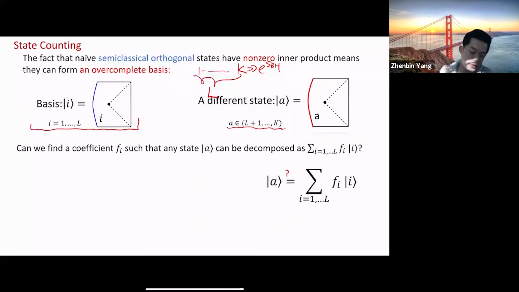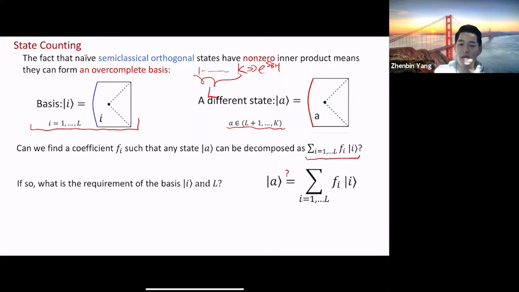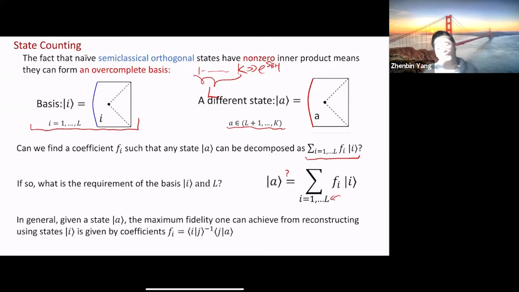That is, can we find a coefficient f_i such that any state A can be decomposed as a linear superposition of states i? And if so, what is the requirement on this basis i, and also the number of states L? That question can be answered by looking for the maximum inner product between A and this superposition of states.